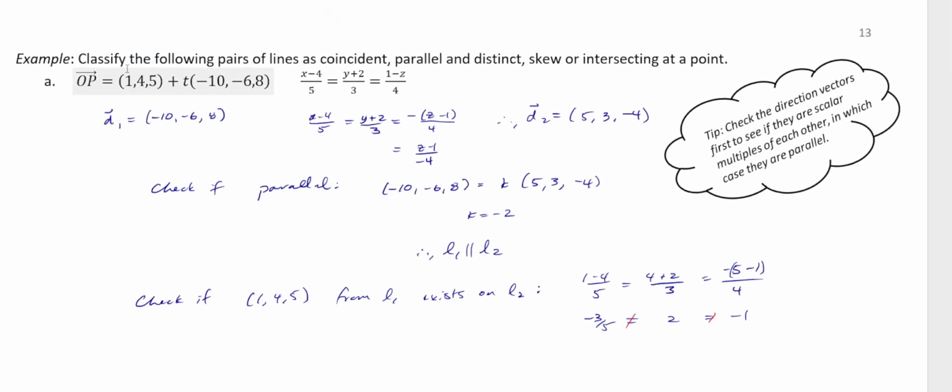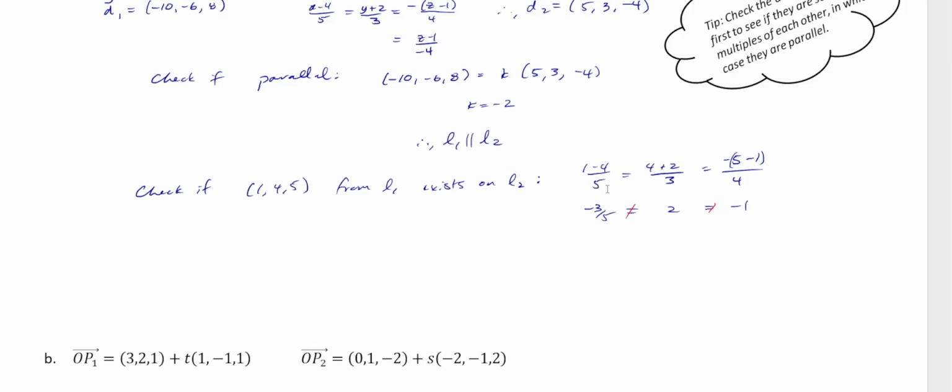We took a point from this line right here and we subbed it into the symmetric equations to see if that point also exists on the second line. We see that it doesn't, so therefore we'll say line 1 and line 2 are parallel and distinct.